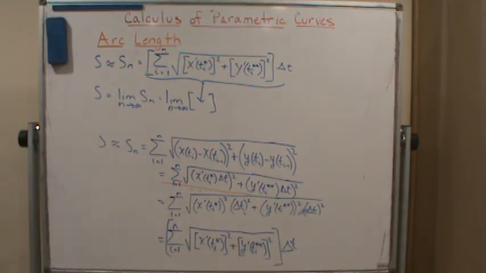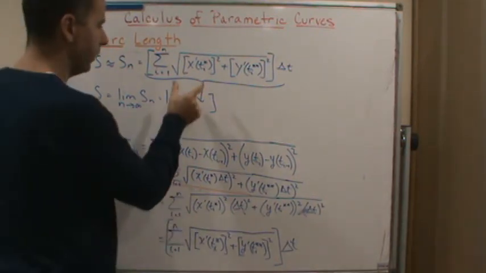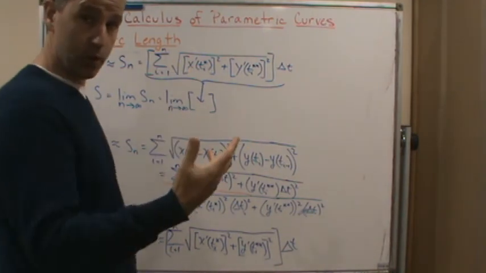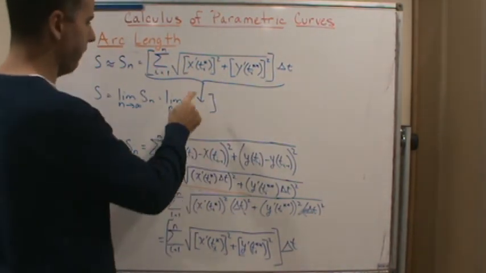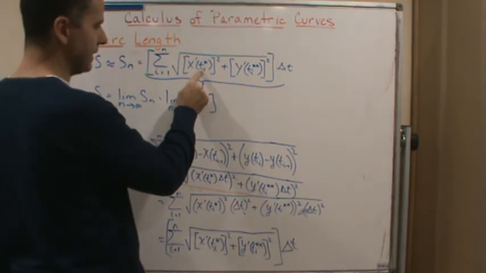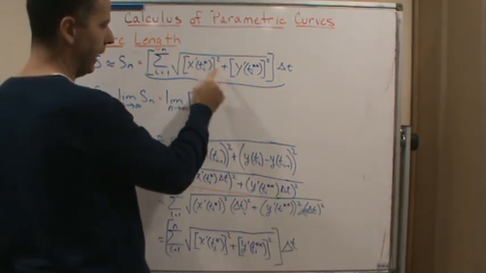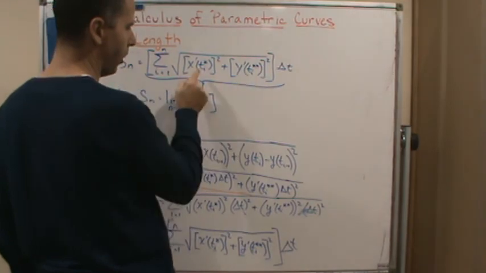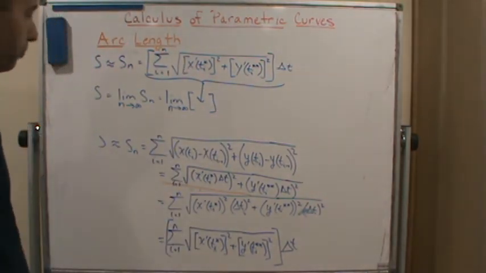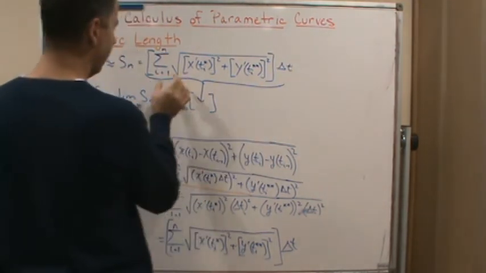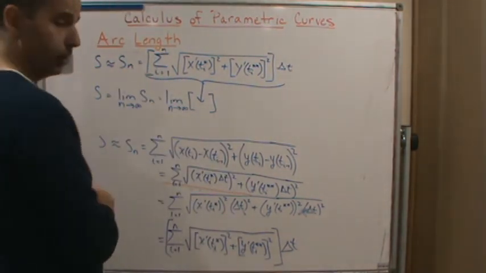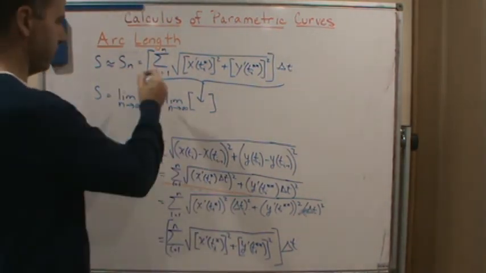So now, what happens when we take the limit? Again, the intervals are getting smaller and smaller. They're going to a width of 0, right? So eventually this t sub i star and this t sub i double star are both just going to be t. Okay? This is going to become dt, and this is going to become our integral symbol. Okay?